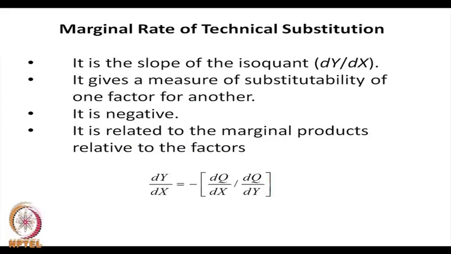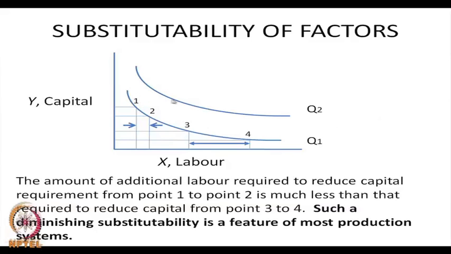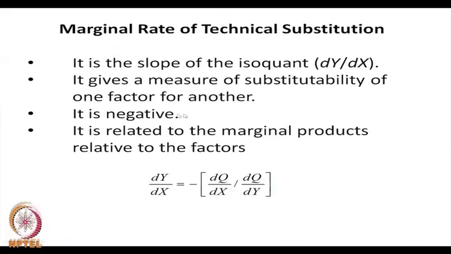This is the slope of the isoquant. It gives a measure of substitutability of one factor for another for producing the same quantity Q. As you can see, it has a negative slope, that is what we are writing. Basically dy/dx is the slope of the isoquant curve, and that is negative.